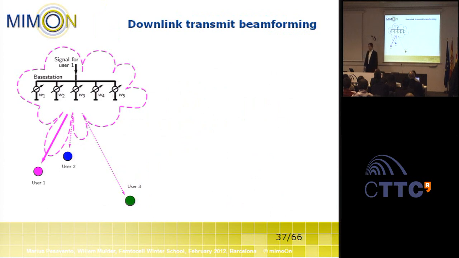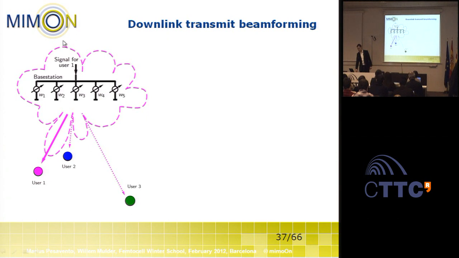So let us take a look at a conventional downlink. In the following we want to see how we can design these beamformers to have spatially selective transmissions. So I want to consider a downlink, for example, in a femtocell. Let's say I have a femtocell equipped with several antennas, and I want to serve my femtocell users first.